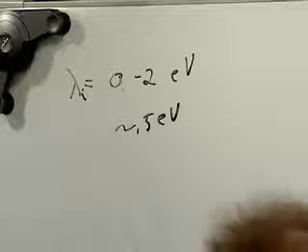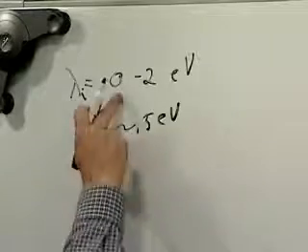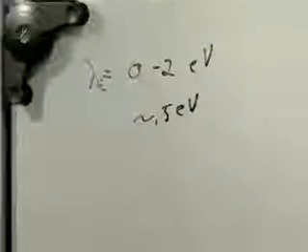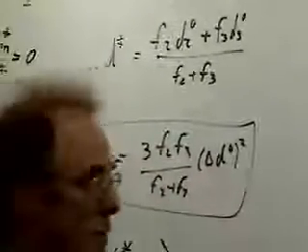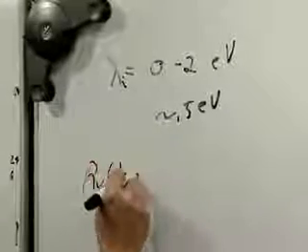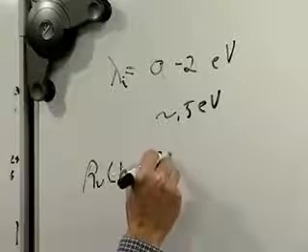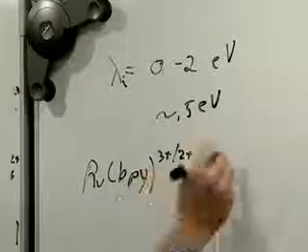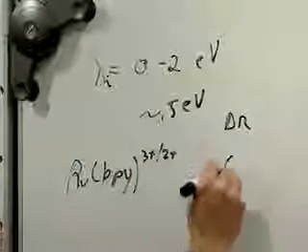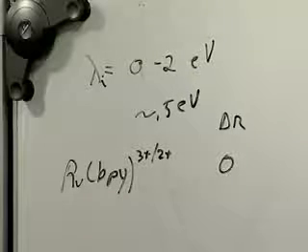Oh, there's one more comment. This is going to be directly proportional to the difference in metal ligand bond distances. So if you look at some complexes like ruthenium bipyridine, the 3+, 2+, the delta R here is about 0. There's no real difference.